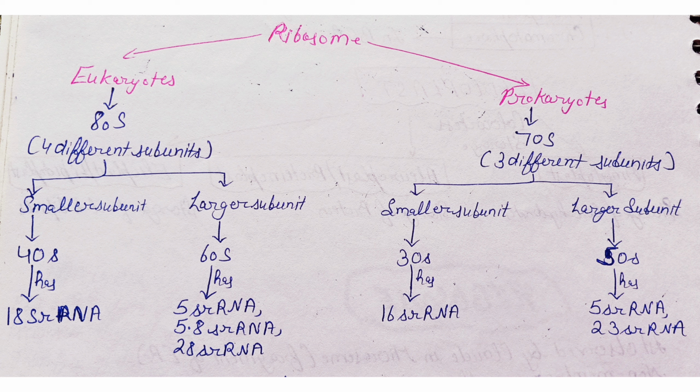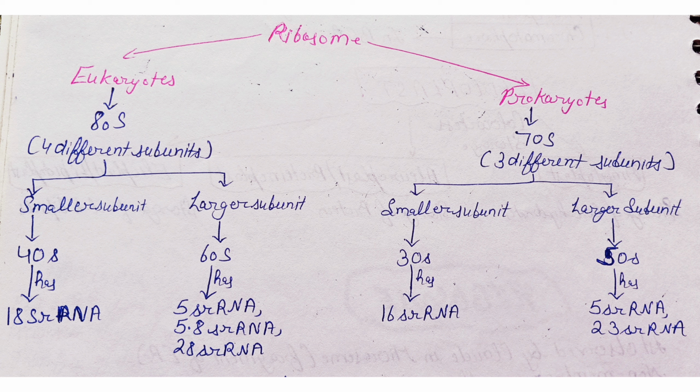The 80S ribosome is made up of 2 different types of subunit. The smaller subunit is 40S and the larger is 60S. The 40S subunit contains 18S rRNA, whereas in 60S, 5S rRNA, 5.8S rRNA and 28S rRNA are present.